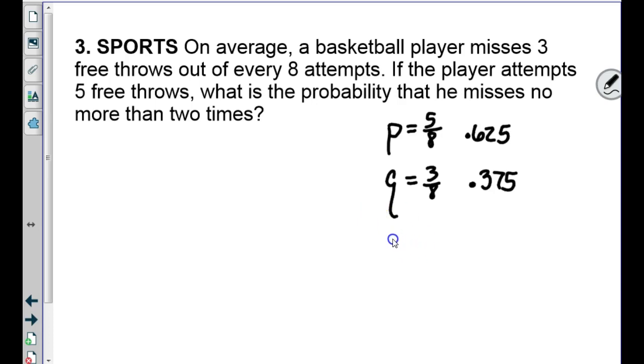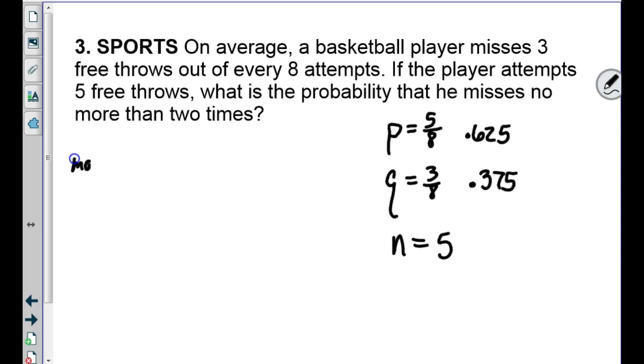Number of trials. What is the probability that he misses no more than 2? Okay, so how many times do we want him to succeed? Okay, 3 or 4 or 5. We're going to have to do 3 of these and add them up.